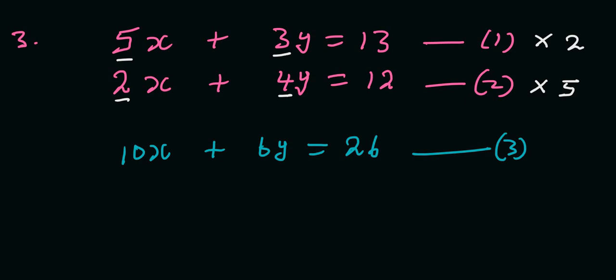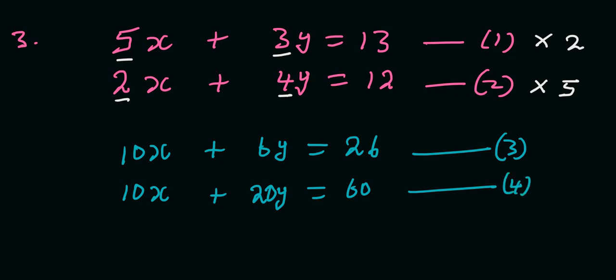Next is to multiply the whole of equation 2 by 5. 5 times 2x is 10x. 5 times 4y is 20y. And 5 times 12 is 60. So we can label this as equation 4.